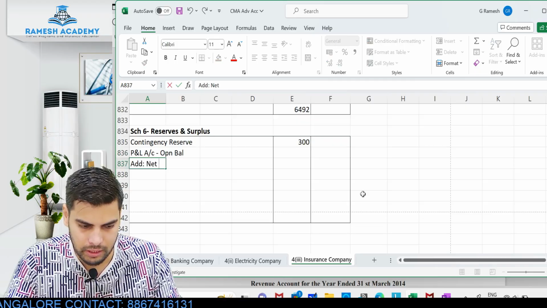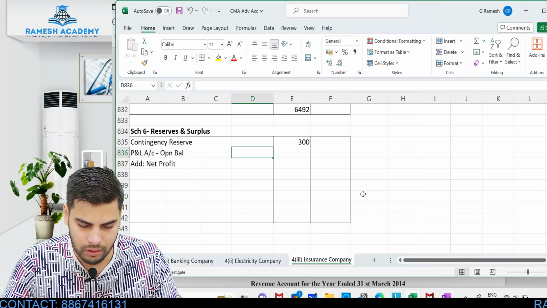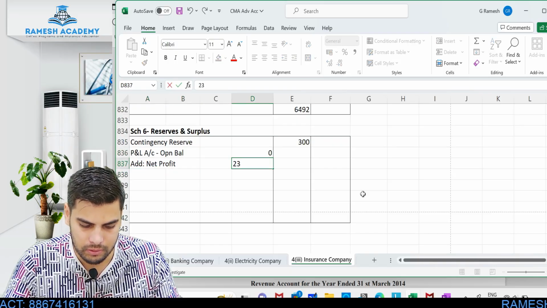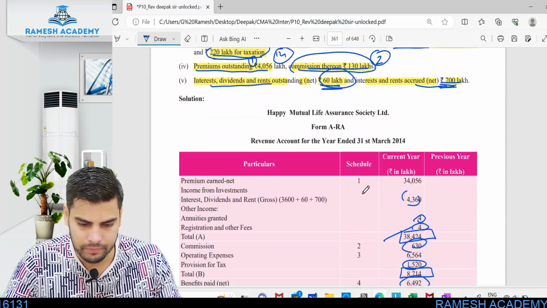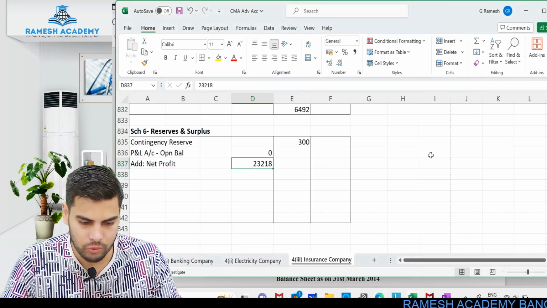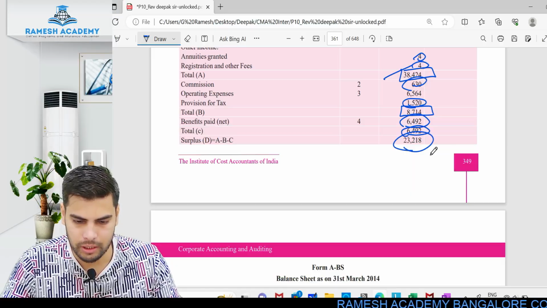Add net profit. So opening balance, it is 0. Then 23,218 only, right? So 23,218 rupees would be the profit.